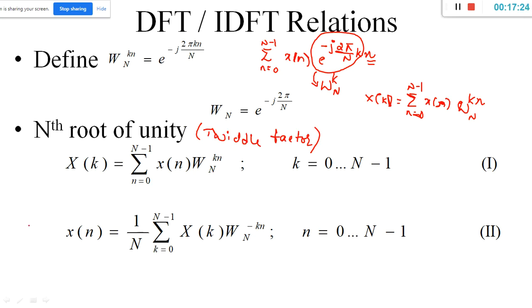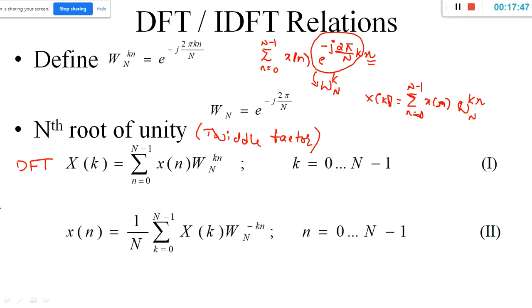Okay, so now look at what happens to your DFT equation. DFT equation is X of k equals summation n runs from 0 to N minus 1 x of n W_N to the power of kn, where k runs again from 0 to N minus 1.